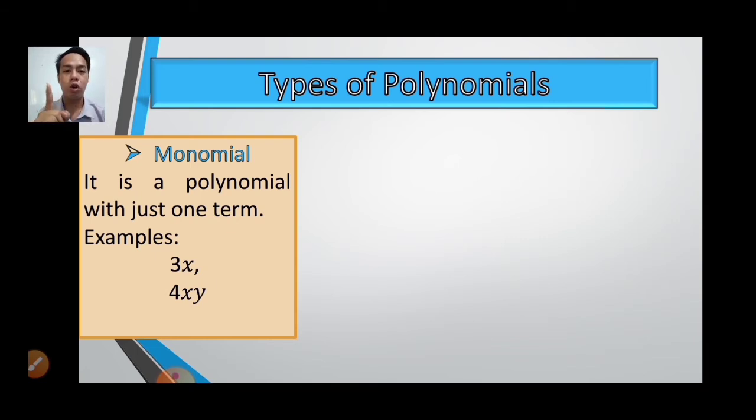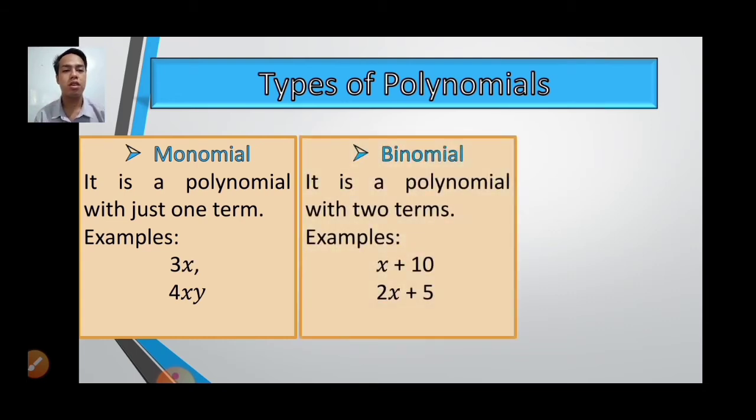It only has one term. Next, binomial. It is a polynomial with two terms. The examples are x plus 10, 2x plus 5. From the word itself, binomial, bi means two, meaning it has two terms.